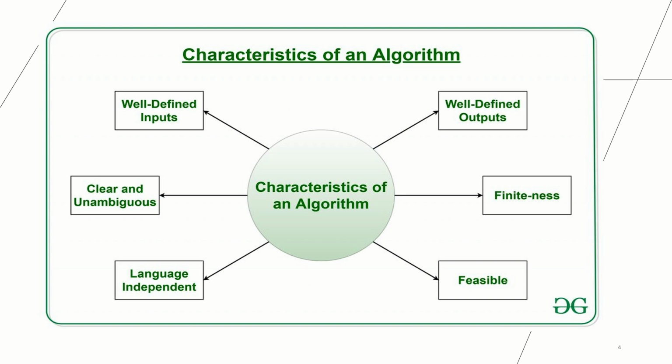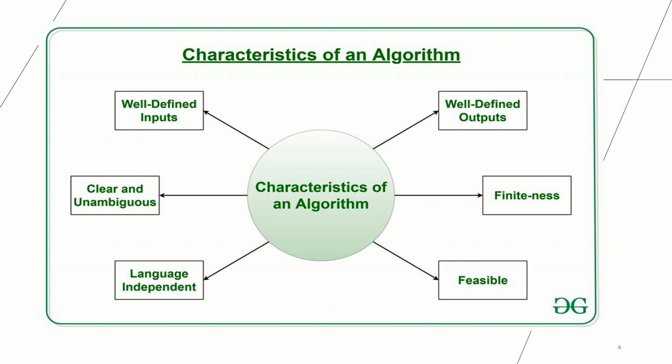You can get the best and well-defined output by using the best algorithm. There is always finiteness, flexibility, and language independence, meaning the algorithm doesn't need any language. You might say, bro, I am learning Python, I am learning C++, how can I learn from you?